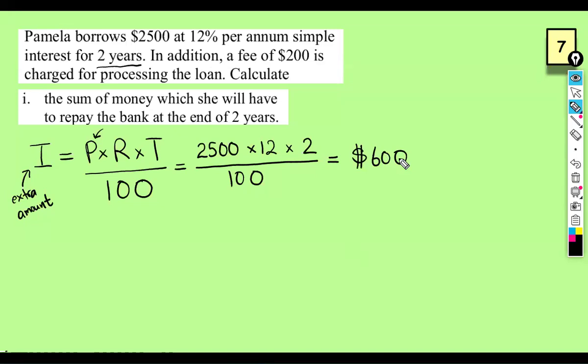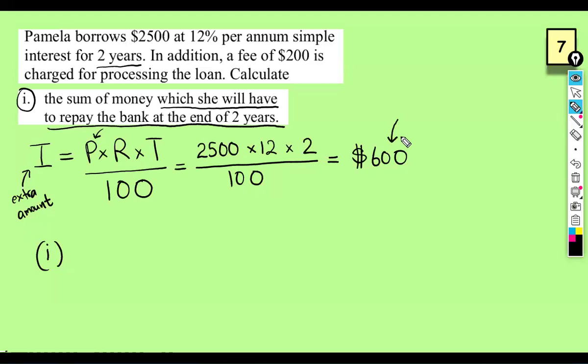Now, I think some of you read the question a little bit wrong. Let's read through this. The sum of money which she will have to repay the bank at the end of the 2 years. Tell me something. If somebody borrows $2,500 from you and they give you $600, how are you going to feel about that?